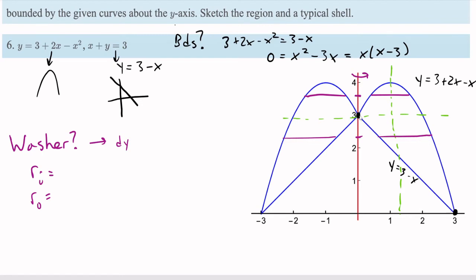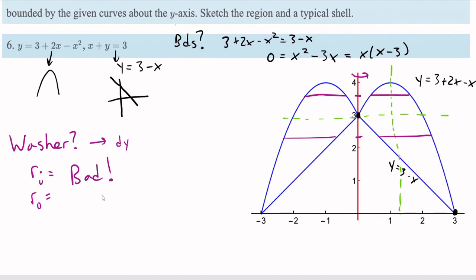So I would have to split at y equals 3 to a completely new integral where now I'm using both functions. So this is really bad. This is really bad, not going to work well, ton of work.